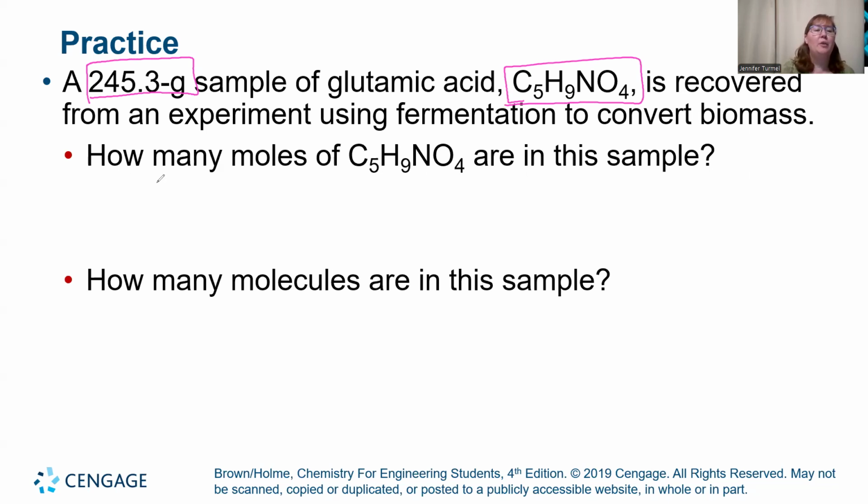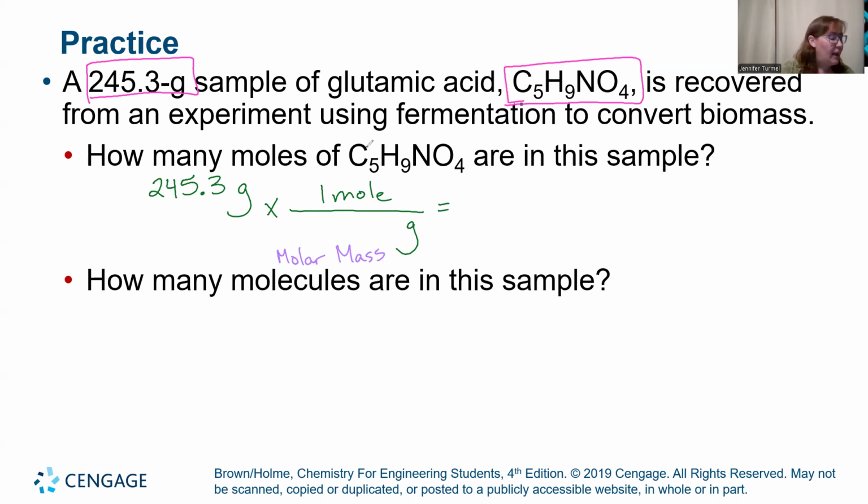Okay, but here what we have is 245.3 grams. Okay, and what we're going to put here is the molar mass, and that is of course going to be in grams per mole. And it needs to go in the bottom. We're going to be dividing by it. Okay.